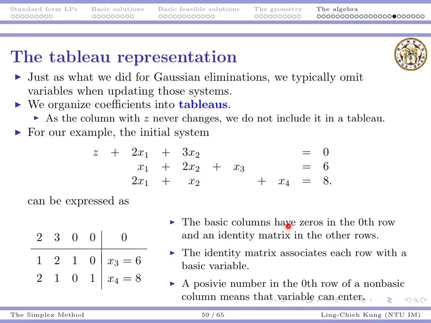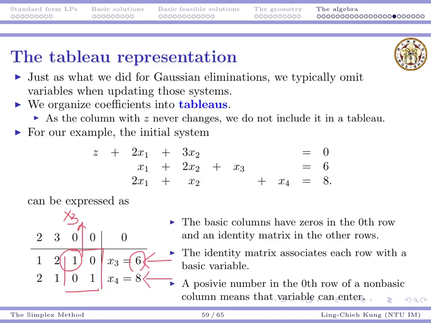The basic columns here, the second, third, and fourth, have zeros in the zeros row and an identity matrix in the other rows. The identity matrix tells us which row is associated with x3 and which row is associated with x4. In this row, the identity matrix has 1 here, so this number corresponds to the value for x3.